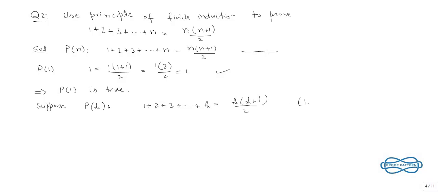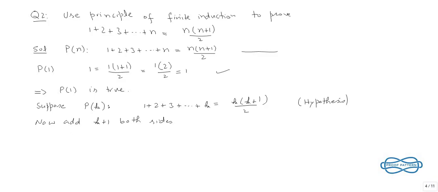This is called the hypothesis. And now we have to prove that it is true for k plus 1. Now add k plus 1 to both sides.